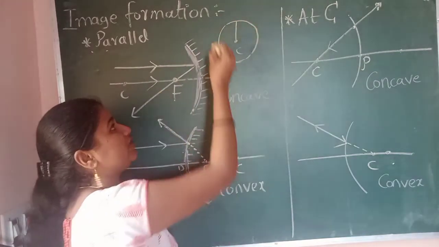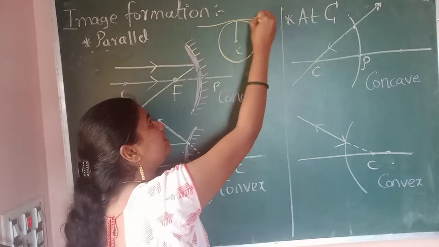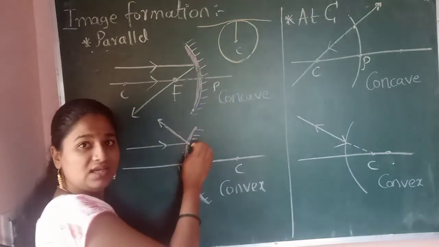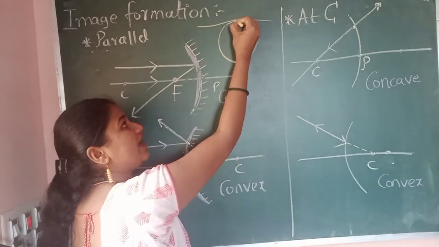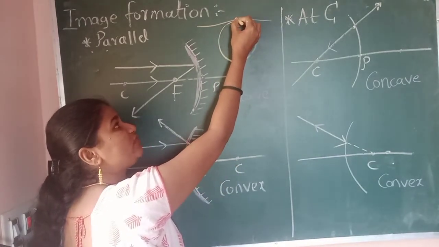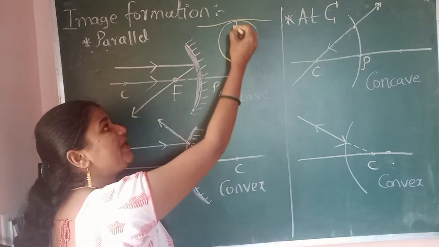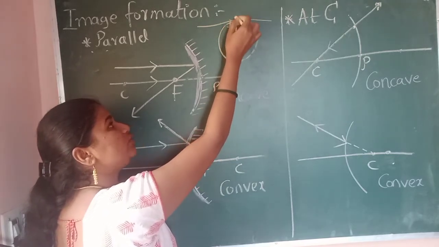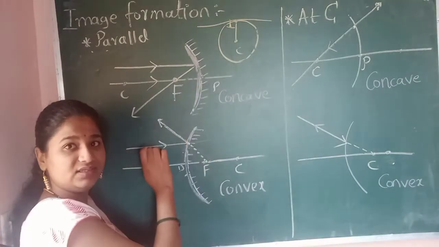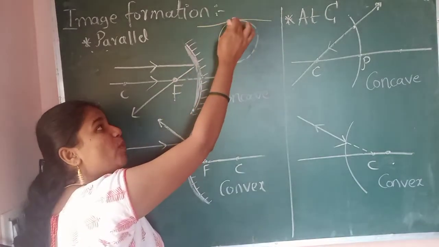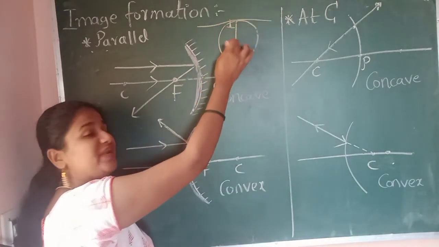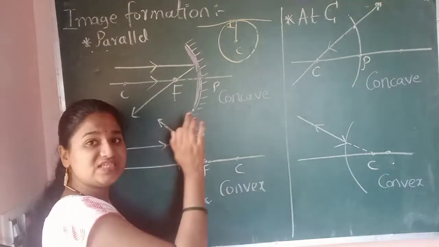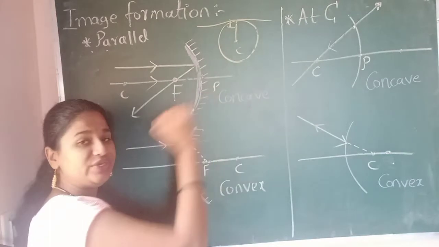According to geometry, a tangent, a line which touches the circumference of a circle at a point of contact, will be perpendicular, that is 90 degrees, to the radius of the circle. A tangent at the point of contact is perpendicular to the radius. This we have to remember.